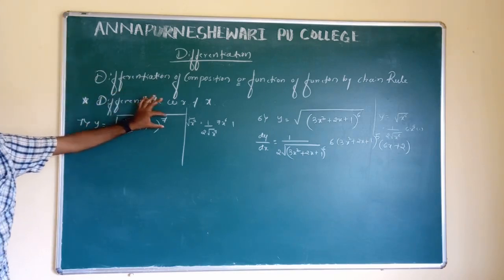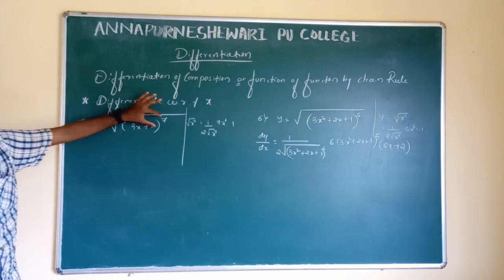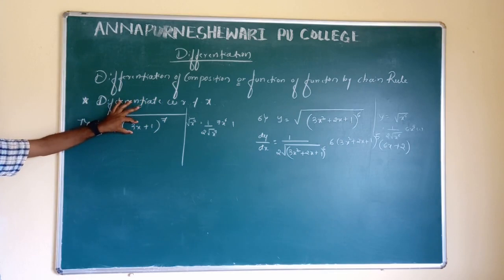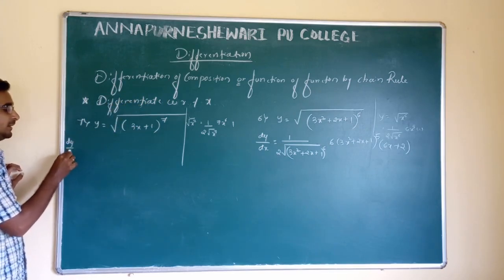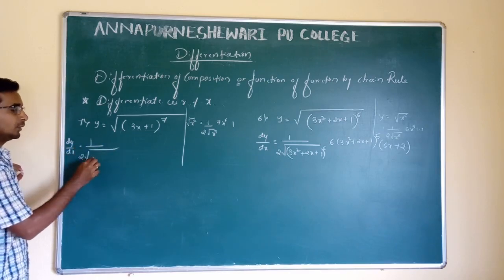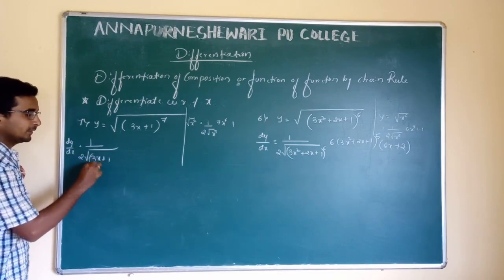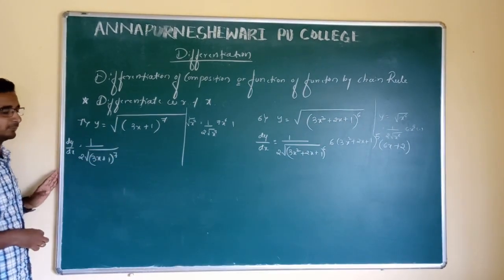First this order, then the x term. Again I am repeating. First this order, then for the x term. So how can we write this one? dy by dx is 1 divided by 2 root of 3x plus 1 whole raised to 7. Wherever x is there, put the 3x plus 1.